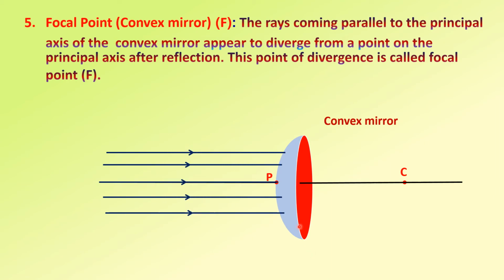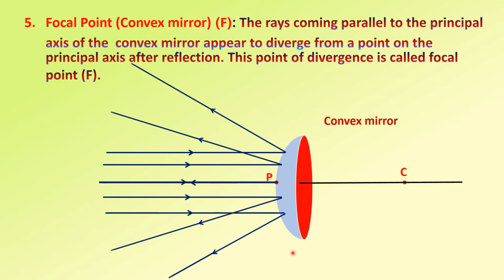After suffering reflection at the mirror, they will get deviated and they appear to diverge from a point. This ray will get reflected like this, this ray will get reflected like this. If you extend these reflected rays forward, they never meet.